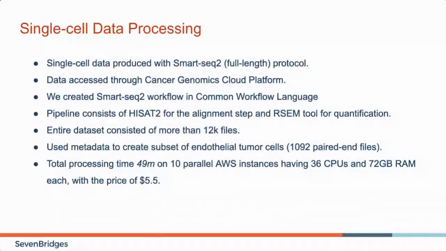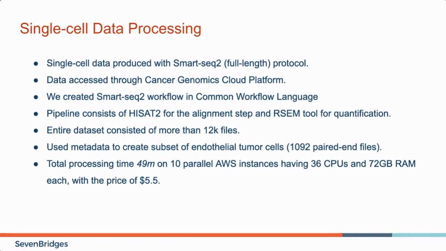The entire dataset contains more than 12,000 paired-end FASTQ files, but using the metadata associated with files, we were able to select just the files representing endothelial tumor cells. We processed this subset of endothelial tumor cells, which had more than 1,000 paired-end FASTQ files, and total processing time on Cancer Genomics Cloud platform was 49 minutes.